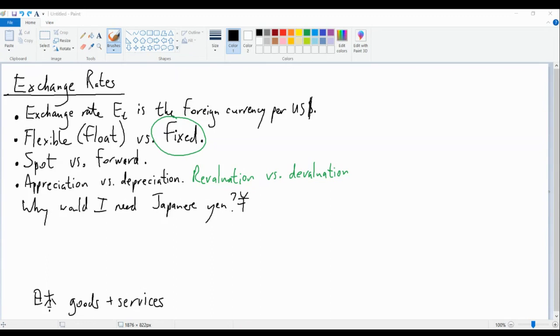What were they, for example? Well, broadly, securities, exactly. This whole course, assets of various kinds, precisely. So the other reason why you might be buying Japanese currency is because you're trying to buy Japanese bonds, or maybe you're trying to buy Japanese shares.